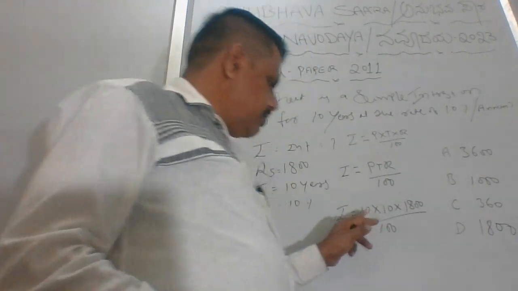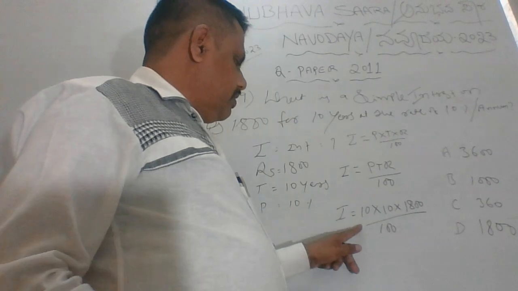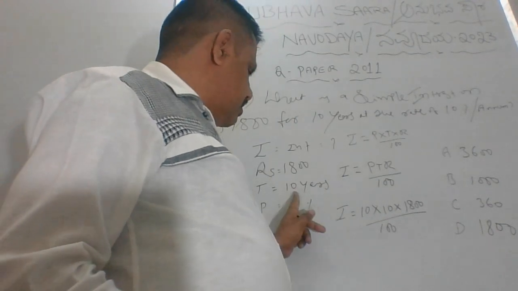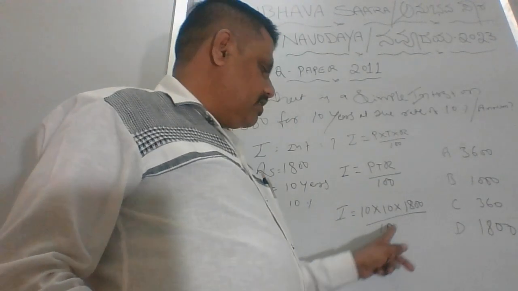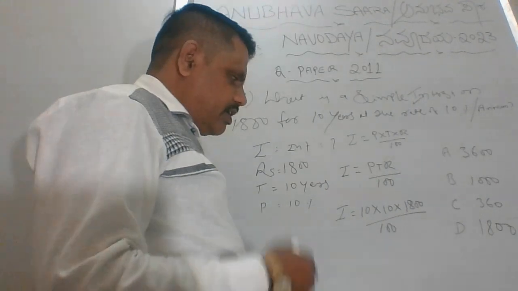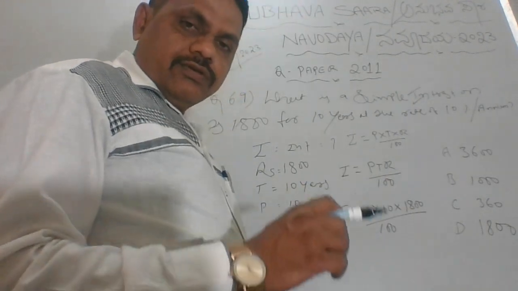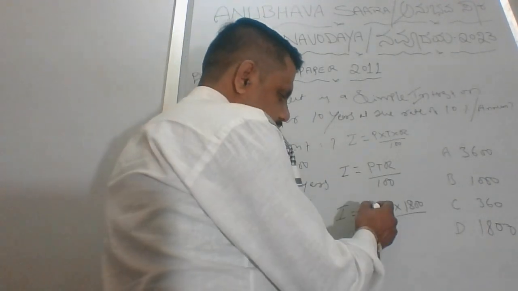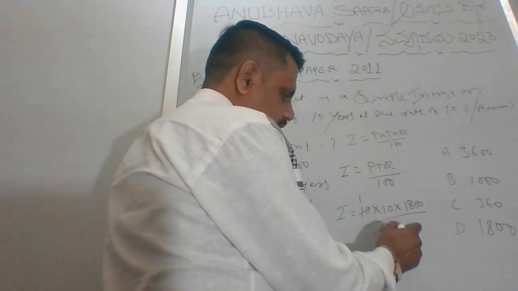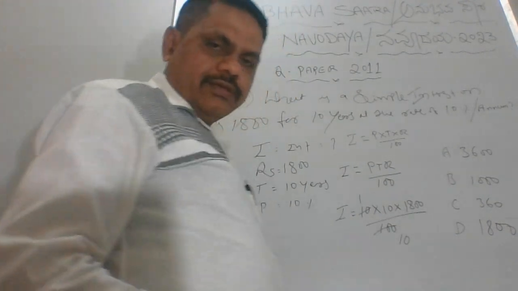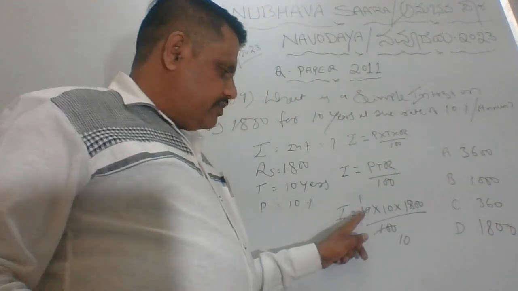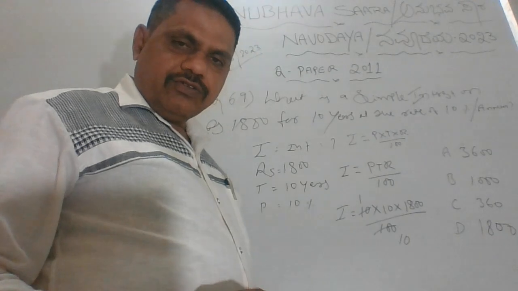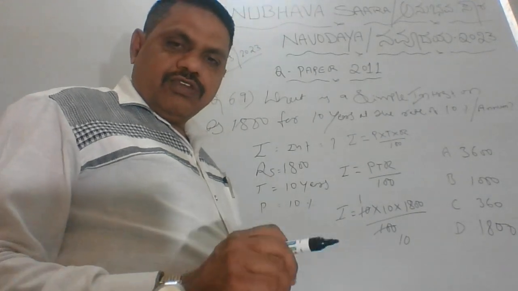What I have done is I have written 10 as the percentage, 10 years, and 1800. Now I will do the further steps. 10 ones are 10, 10 tens are 100. You know the 10 table is very simple.